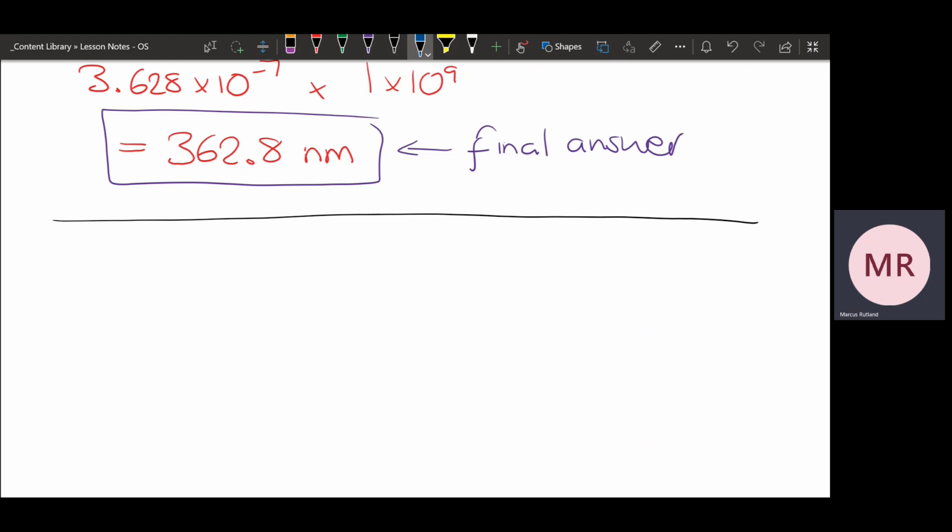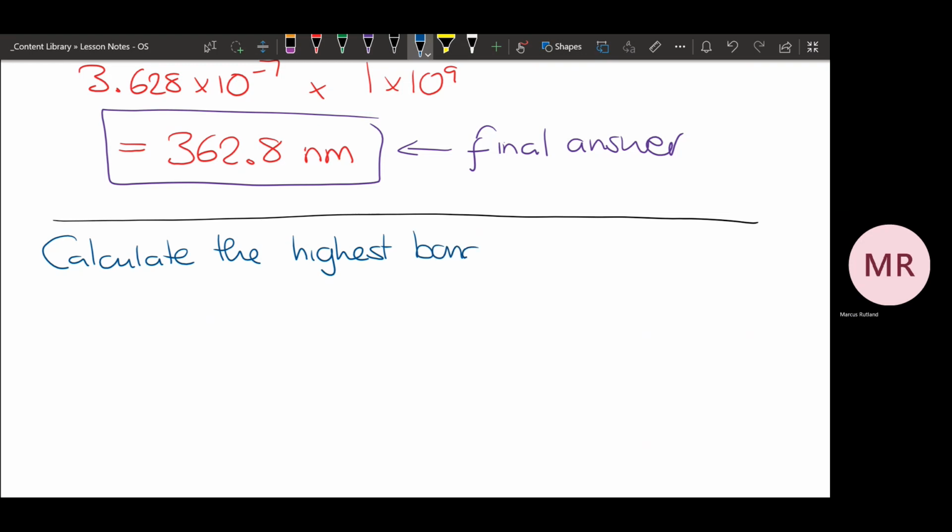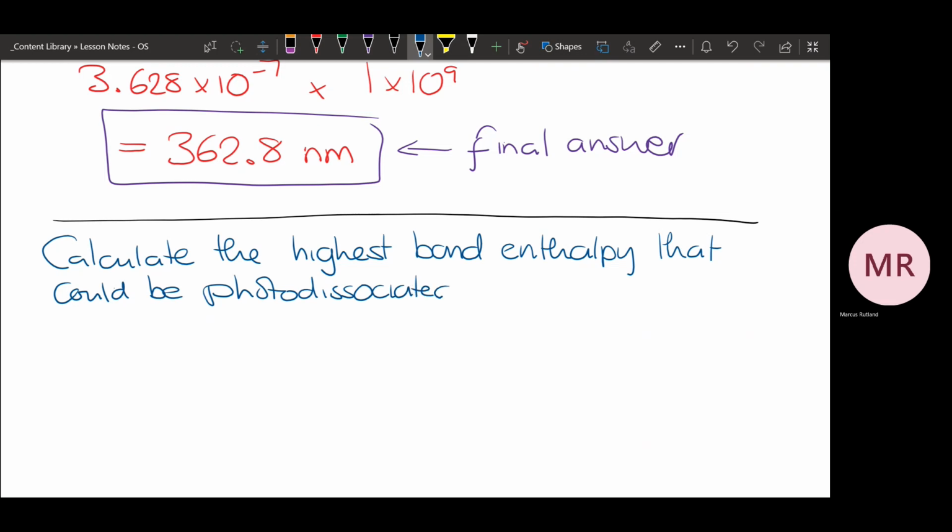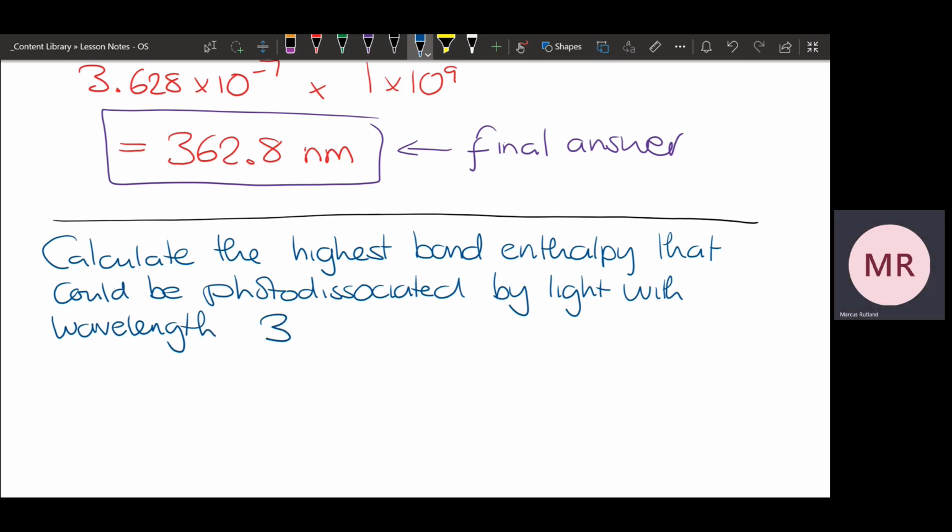So don't panic. So you could get a question like this: calculate the highest bond enthalpy that could be photodissociated by light with wavelength, let us go for 341 nanometers.